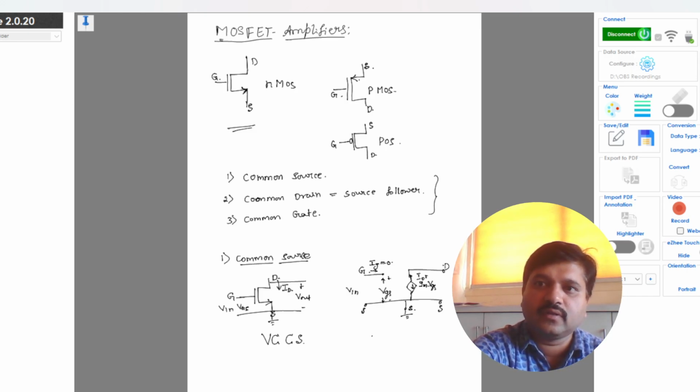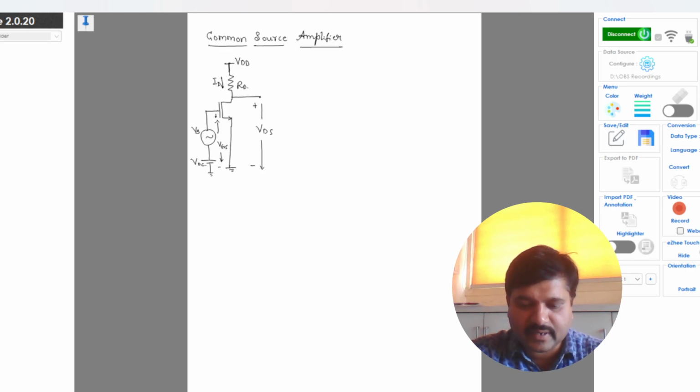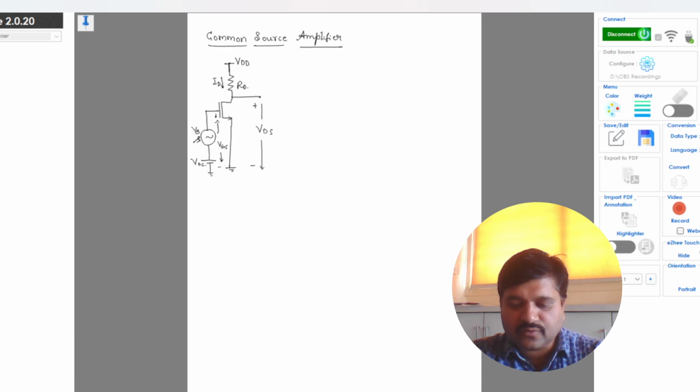The Q point or biasing is obtained using the resistance RD and VDD, and the input signal VS is applied across VGS with the DC source, which is DC biased.